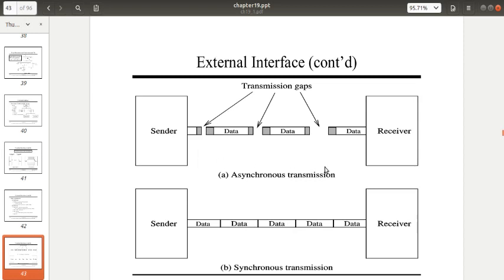But in asynchronous communication, no such idea is there. So the packet number, where the packet ends, and any corrections required, all of these have to be given along with each packet. So in many cases, if you want to send 8 bits of data, you will end up sending 12 or 14 bits of data, because that much additional information is required.